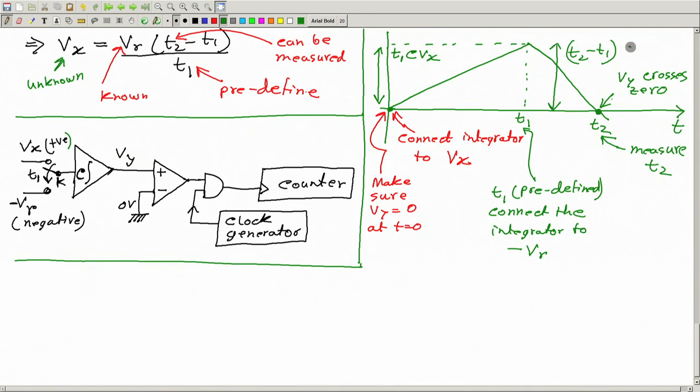So the slope is C Vr, right. So from this side I can calculate this height to be C Vr times this; the minus I can ignore because I am talking about the height, the absolute value. Okay. And from this side I have computed this height to be this. So from this I can write T1 C Vx is same as (T2 minus T1) C Vr, because this is the same height, and from which you can calculate the value of Vx.